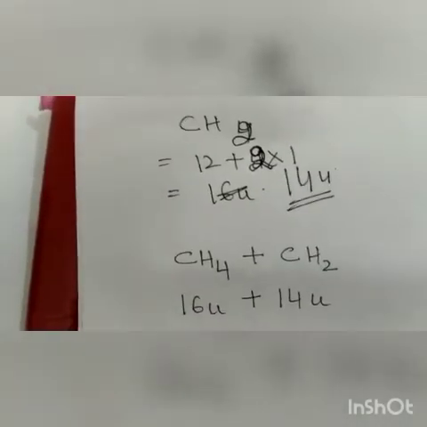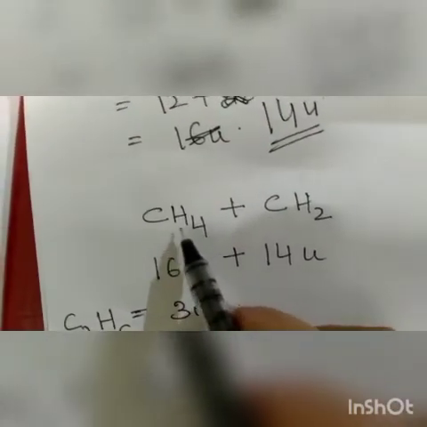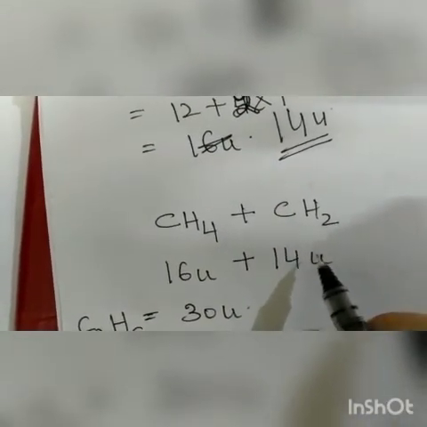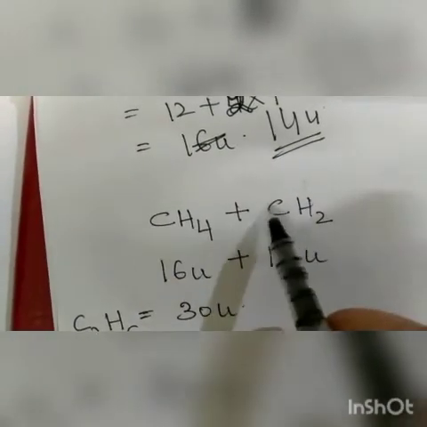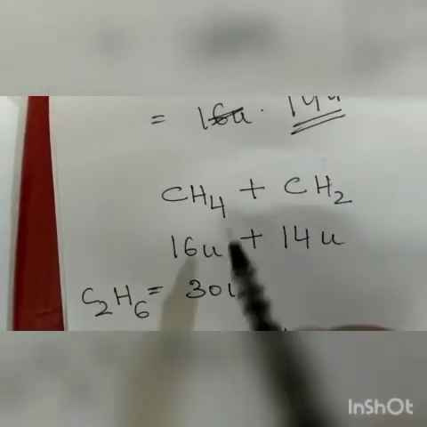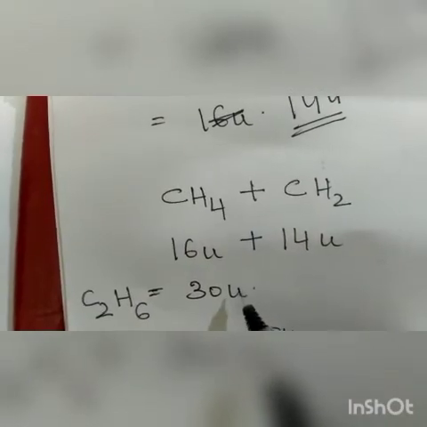Let us check this also. If this is CH4, that is methane, its molecular mass is 16 units, plus CH2, whose molecular mass is 14 units. When you add CH4 and CH2, you get C2H6, which is ethane, and the total mass is 30 units. Understood?